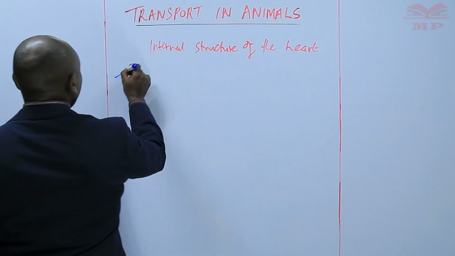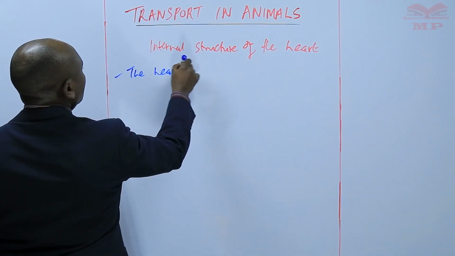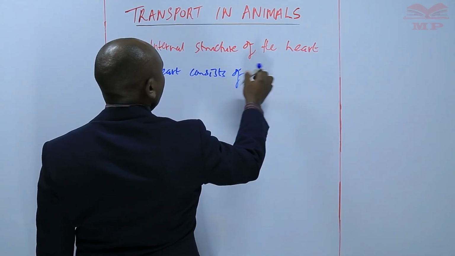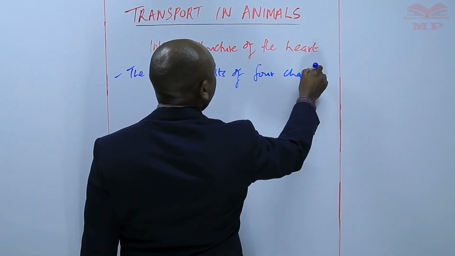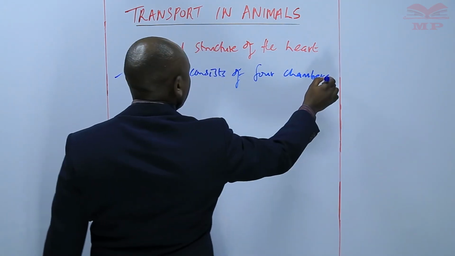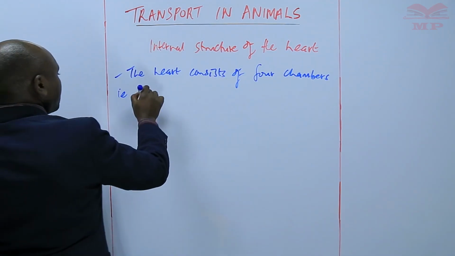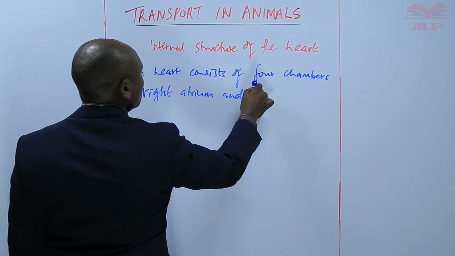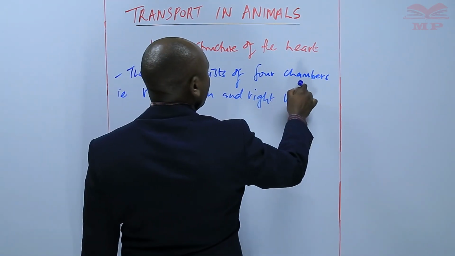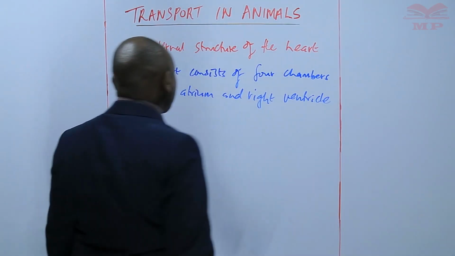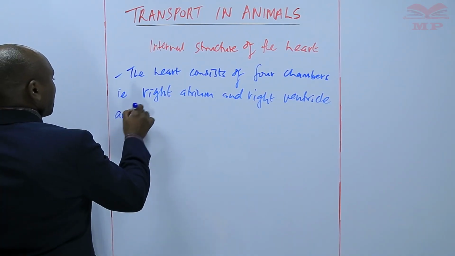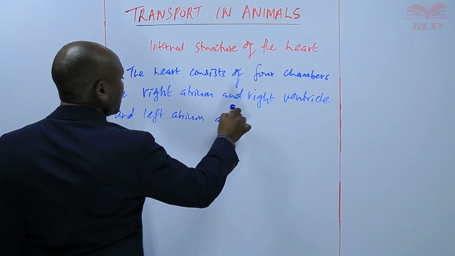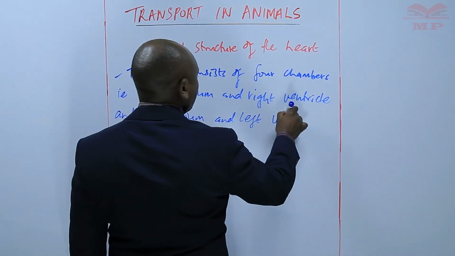So we are saying that the heart consists of 4 chambers, that is right atrium and right ventricle, those ones are on the right side, and left atrium and left ventricle.